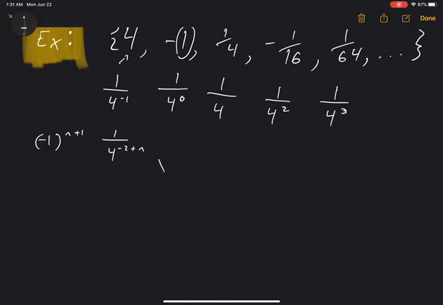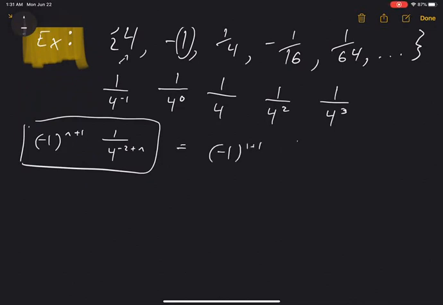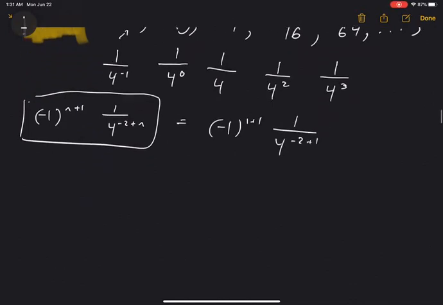Let's assume this is my formula. Let's see if it works. Let's plug in the number 1, and what do I get? I'll get -1 to the 1 plus 1, times 1/4 to the -2 plus 1.